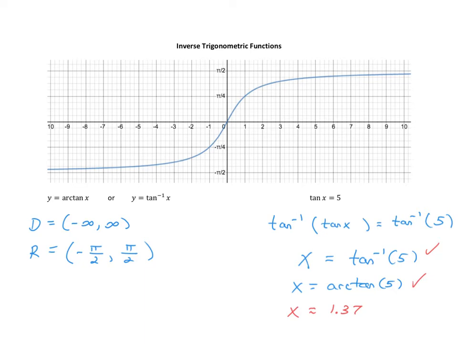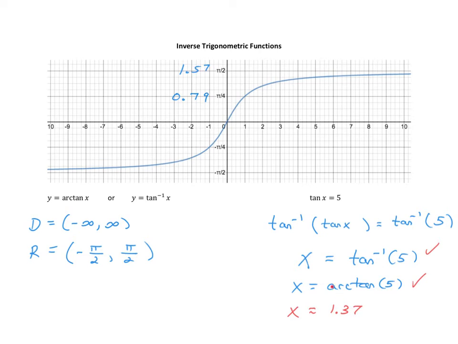It's also possible to see this solution off of this graph of arctangent as well. So here's what this would look like. Just for reference, pi over 4 and pi over 2 as decimals, I'm going to write those. Pi over 4 is about 0.79, and pi over 2 is about 1.57.